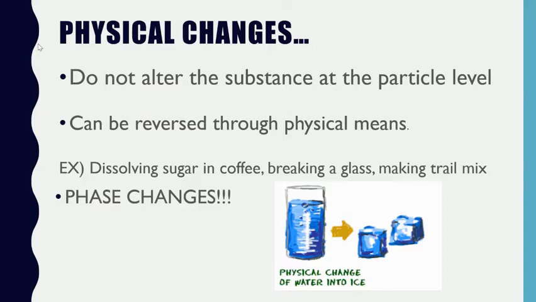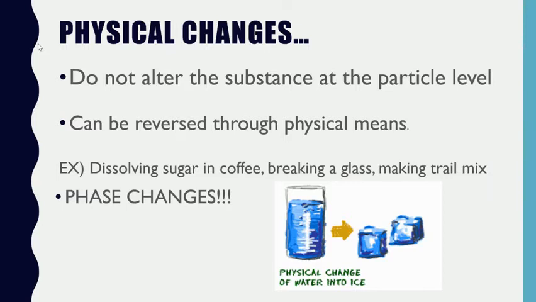The one that always trips people up, that we have the biggest issues with, are phase changes. So if we look at freezing water, if you have a glass of water and you put it in the freezer and it freezes, you still have water. It just changed phase. So all it went from is being a liquid to a solid, but it is still water. Since we didn't change anything at the particle level, this is a physical change.